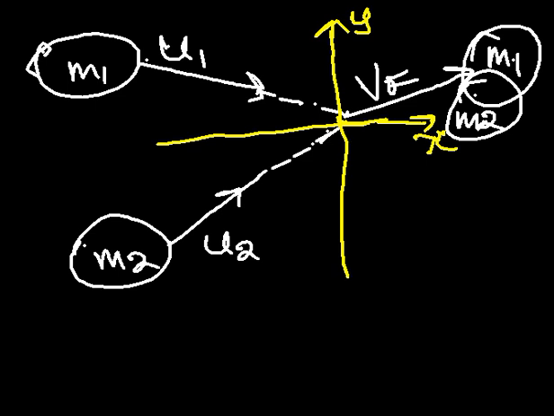So before collision, let's assume object of mass m1 was moving in this direction at an angle of theta 1 against the vertical. And object 2 is also moving at an angle of theta 2 before it collides with the other one.